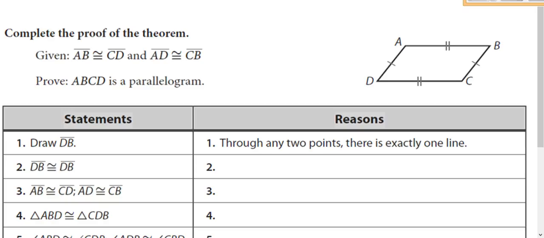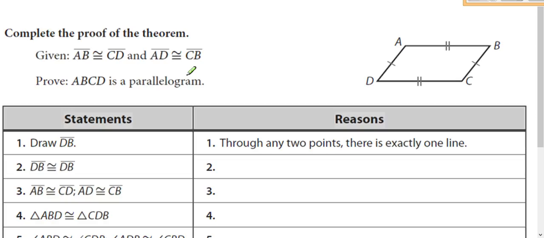So looking at this figure, we have a shape that has four sides, and opposite sides are congruent. So based off of what we just said, yes, it's going to be a parallelogram.